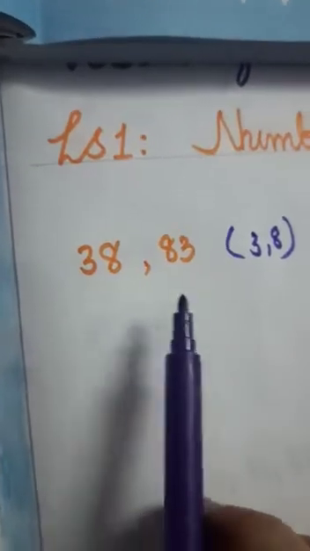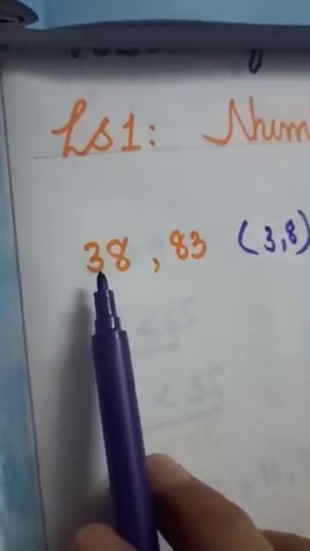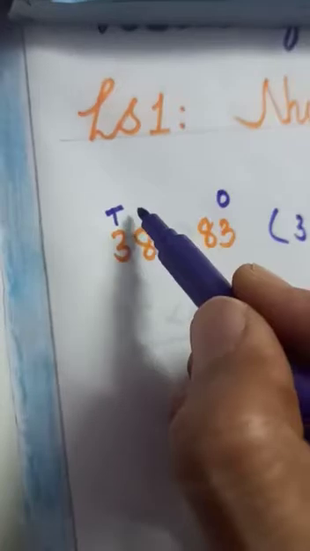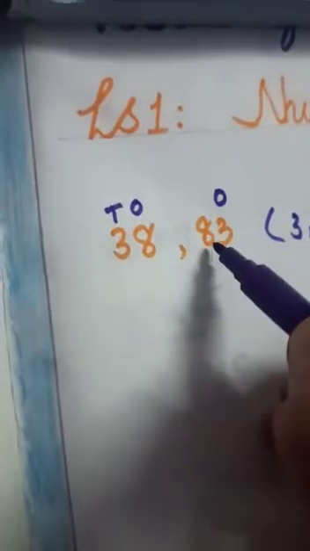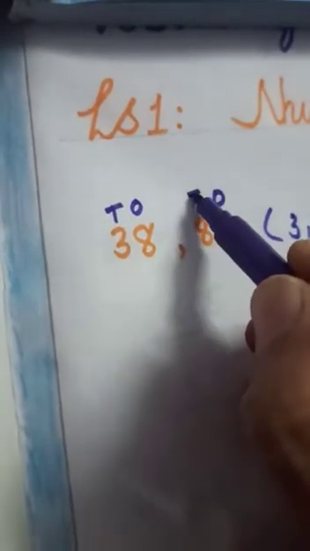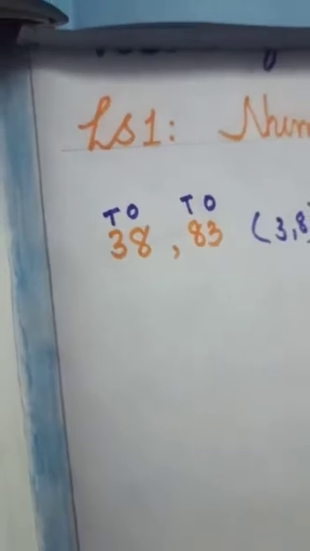No. Why? Because in this number 3 is on the tens place, and in this number 3 is on the ones place. And here 8 is on the ones place, and in this number 8 is on the tens place.